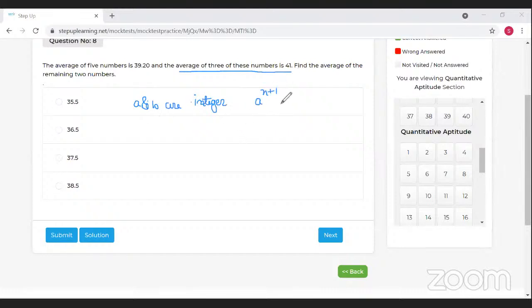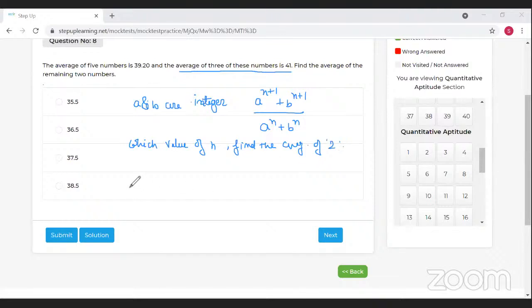A to the power n plus 1 plus B to the power n plus 1 upon A to the power n plus B to the power n. Which value of n finds the average of the 2? Oh yeah, 0 is the answer. Options 0, 1, 2, 3. Fine, I got it. 0 is the answer.